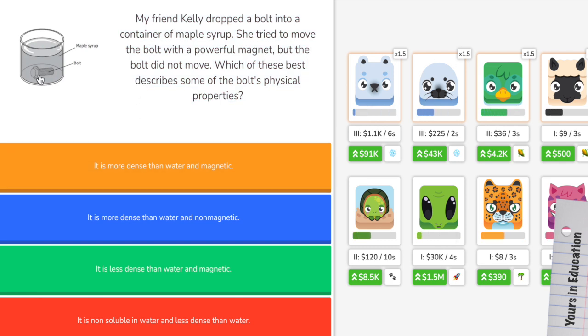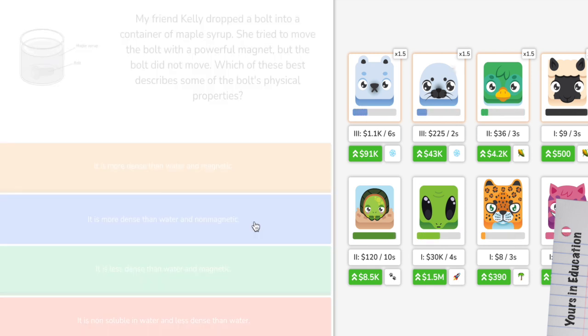And then the bolt is at the bottom of the container, so it's more dense than syrup, for sure. It is more dense than water, yes. Magnetic, no. Non-magnetic, yes. But I'm going to read the other ones. Less dense than water, no. Non-soluble, yes. So the answer is blue.